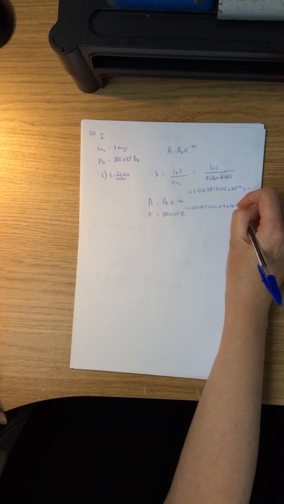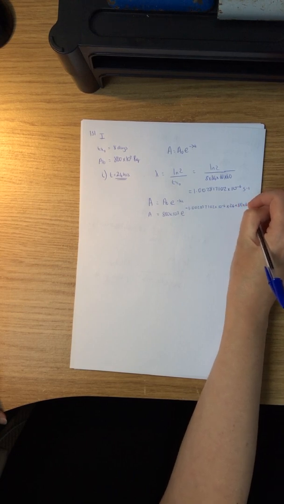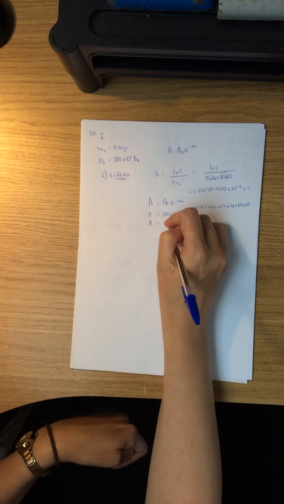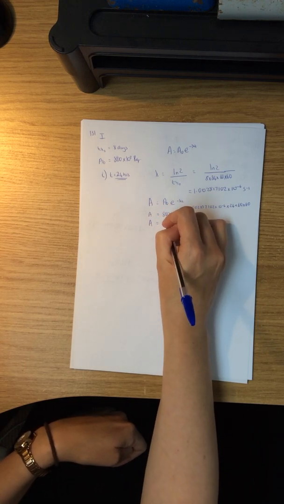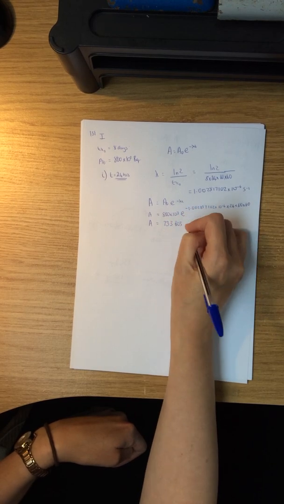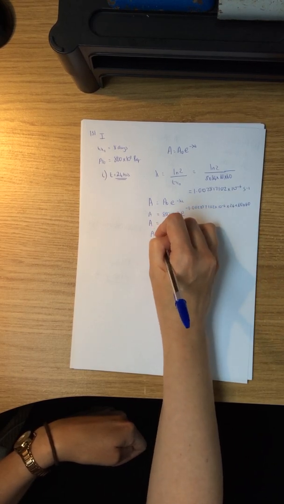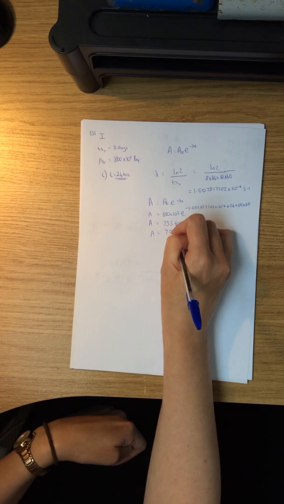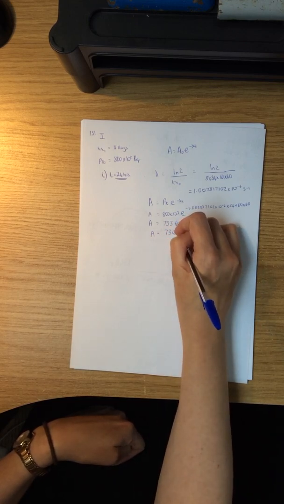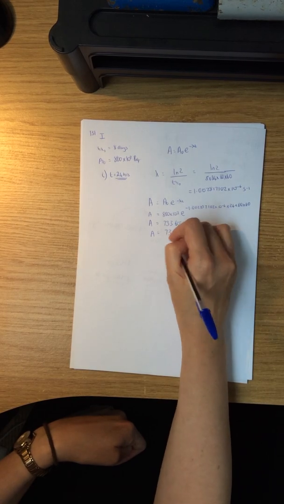So 24 hours, 60 minutes in an hour, 60 seconds in a minute. If you do all of that, you should get 733,603, which is 734 kilobecquerels.